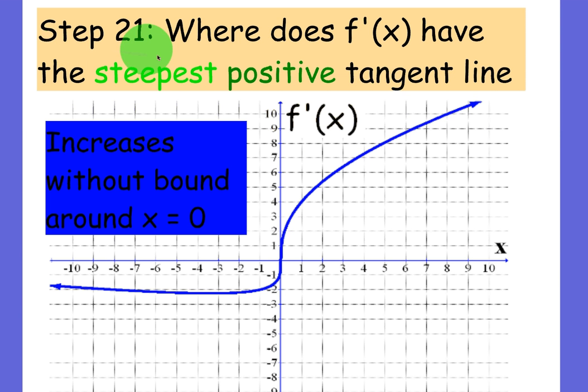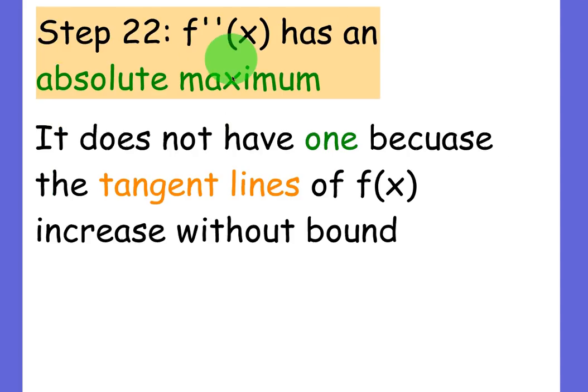Okay, so step 21, where does f prime of x have the steepest positive tangent line? Well, right here, it goes from infinity to something really big, so it's not going to have an absolute steepest tangent line.